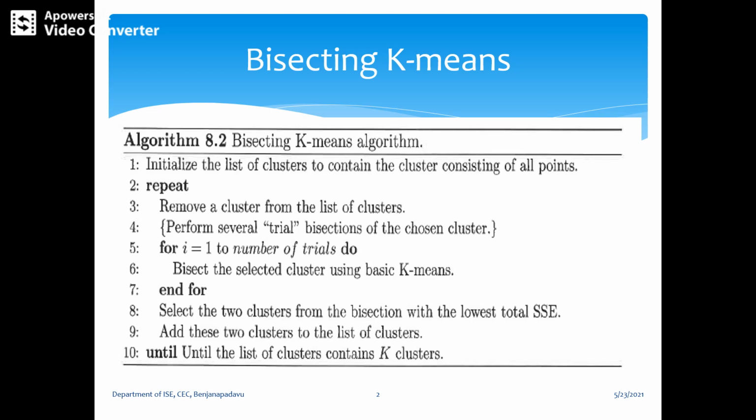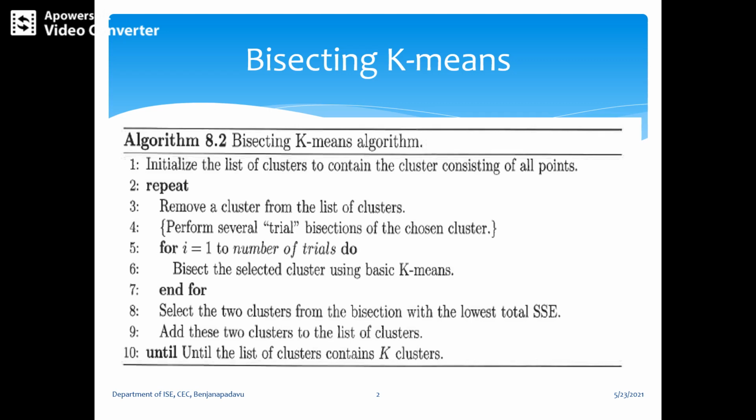remove a cluster from the list of clusters. First we need to remove a cluster from the list of clusters. Here we have to perform several trial bisections of the chosen cluster.